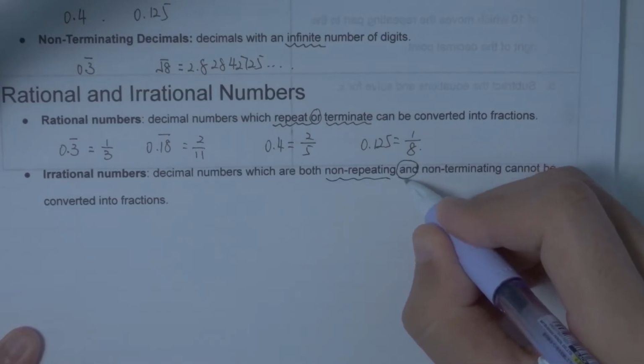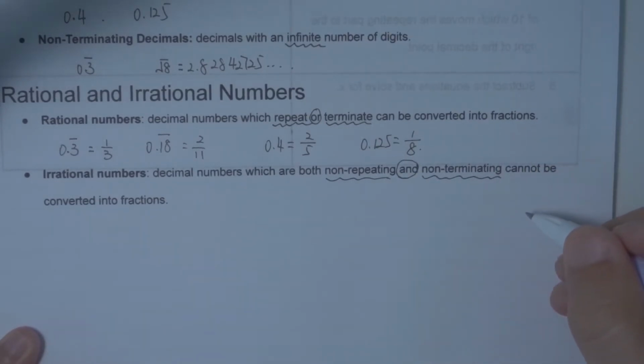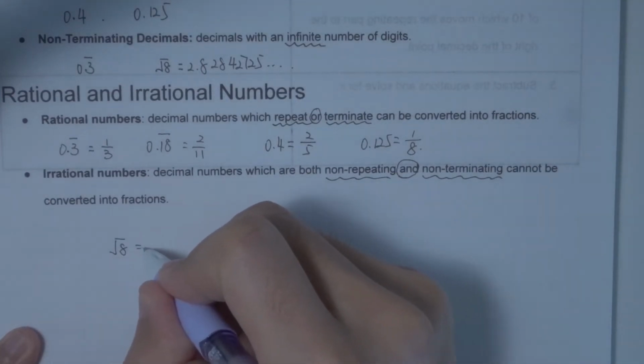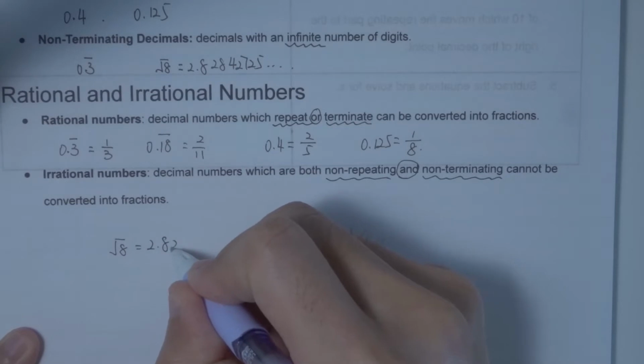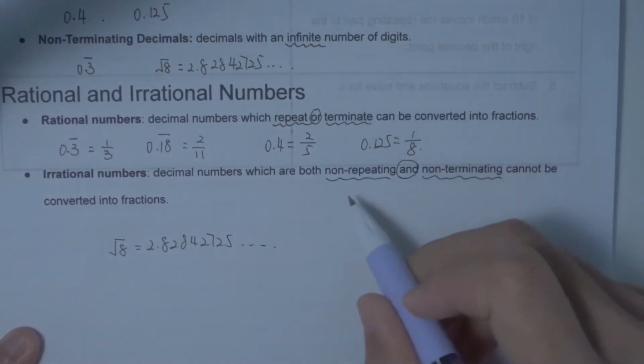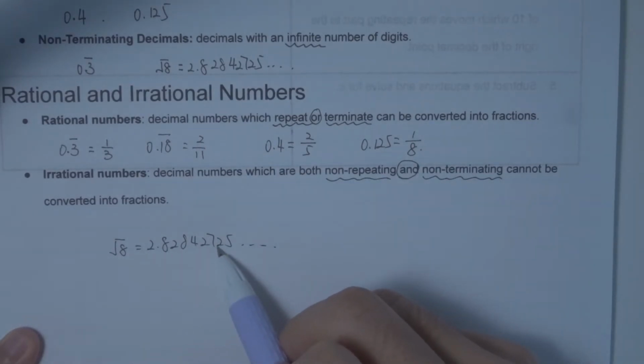Next one is irrational numbers: decimal numbers which are both non-repeating and non-terminating can't be converted into a fraction. For example, the square root of 8. The first point is non-repeating, 28, 28, 4, 27, 25.